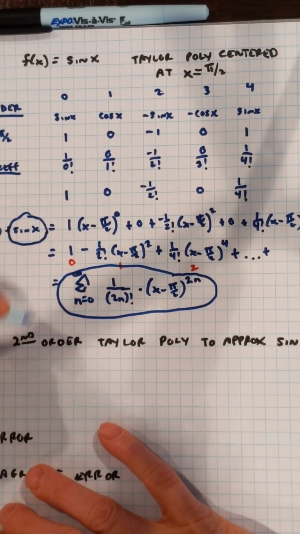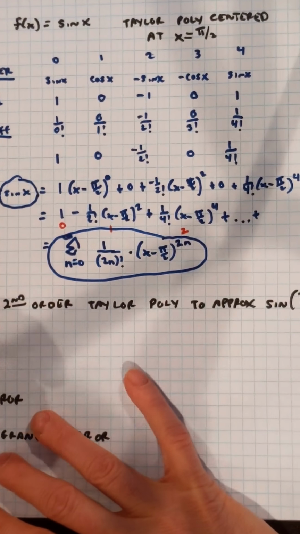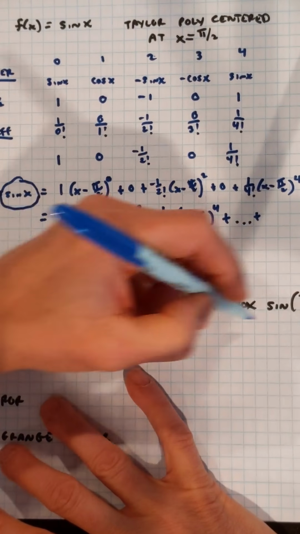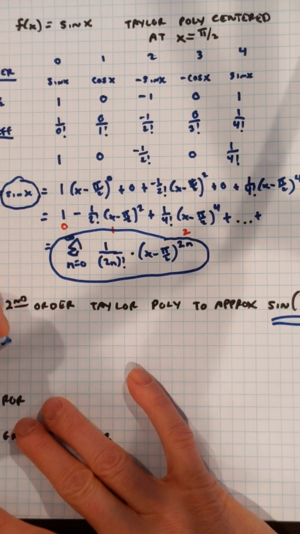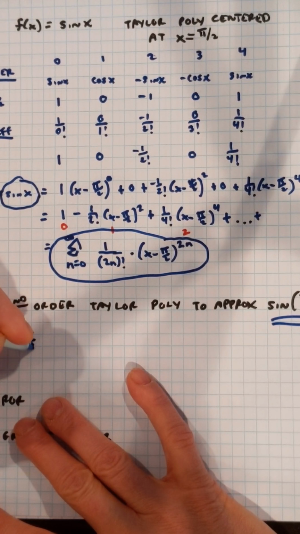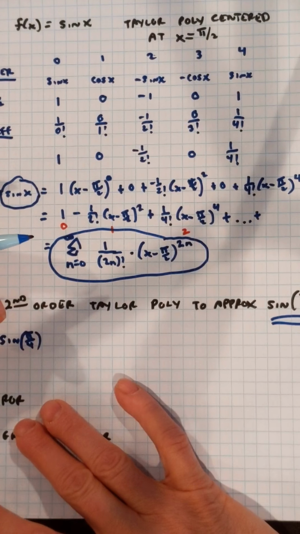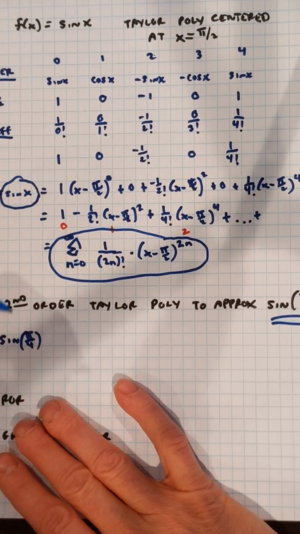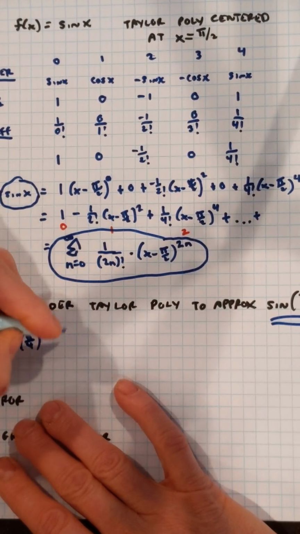Now we're going to use it real quick to approximate. If I wanted to approximate sine of pi over 4, we can find the exact value in our calculators, but that's not really even exact. That's using a higher order Taylor series polynomial. That's what calculators do, they use these polynomials.